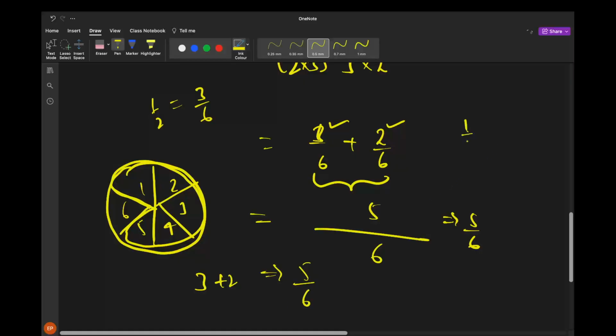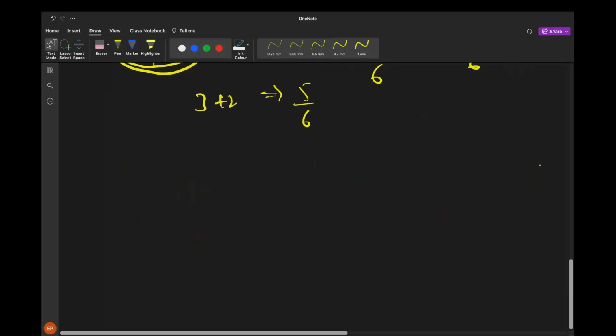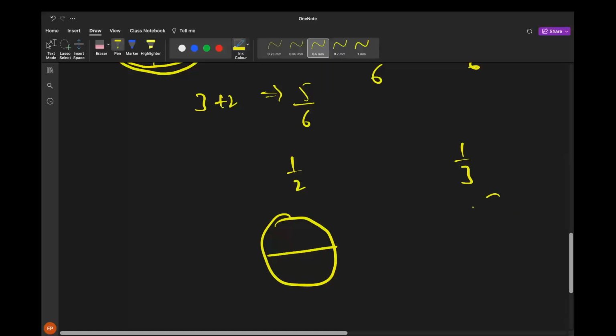Why can't we add 1 by 2 plus 1 by 3 directly as 2 by 5? This is wrong, because this is 1 by 2 and this is 1 by 3. We are dividing into only 2 equal parts here, and here we are dividing into 3 parts, right? How can we add this 1/3 part with the 1/2 part? This is the bigger one, this is the smaller one. So first we have to make an equal number of parts.